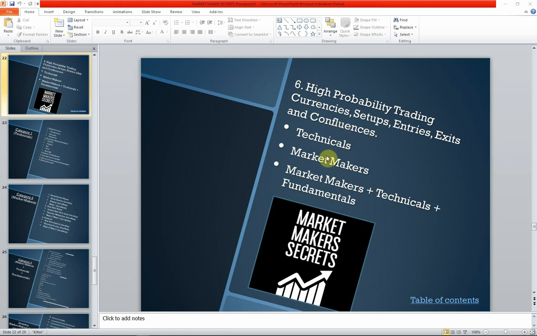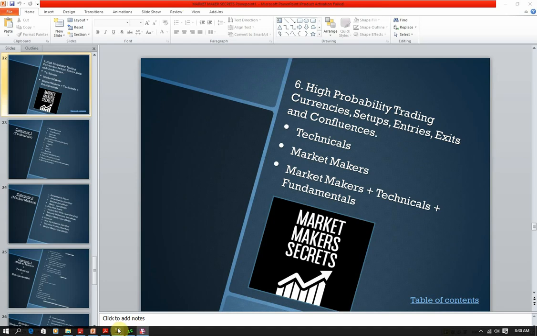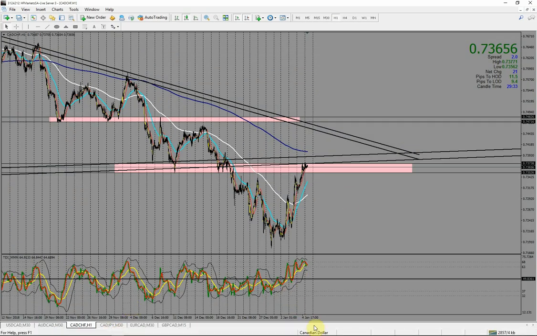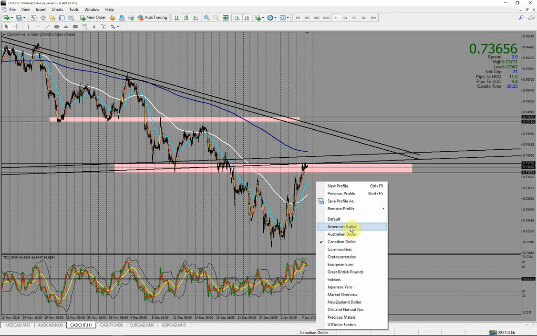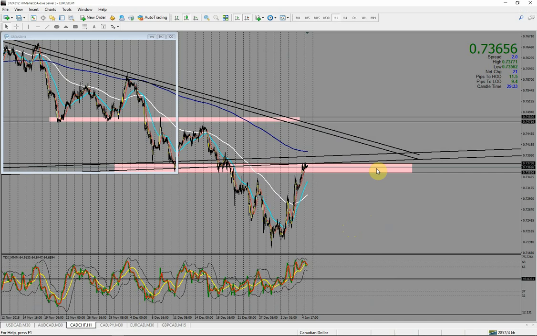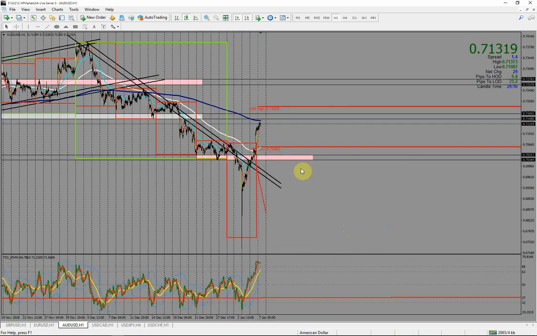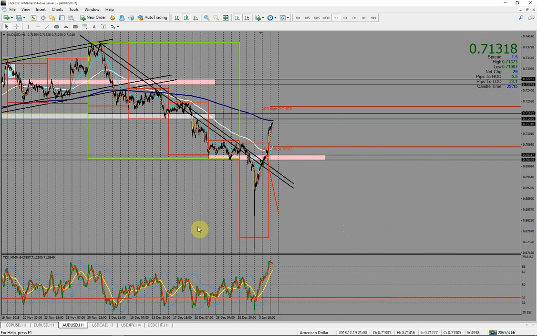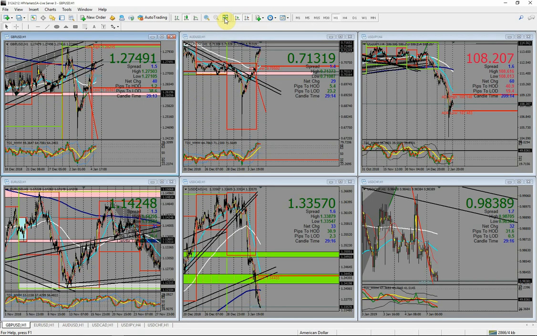I love the dollar. Ladies and gentlemen, the dollar pairs have been so good to me. I know each and every single week, within these six currencies, let me just do this. There's the Canadian dollar, American dollar. Look at it this way.